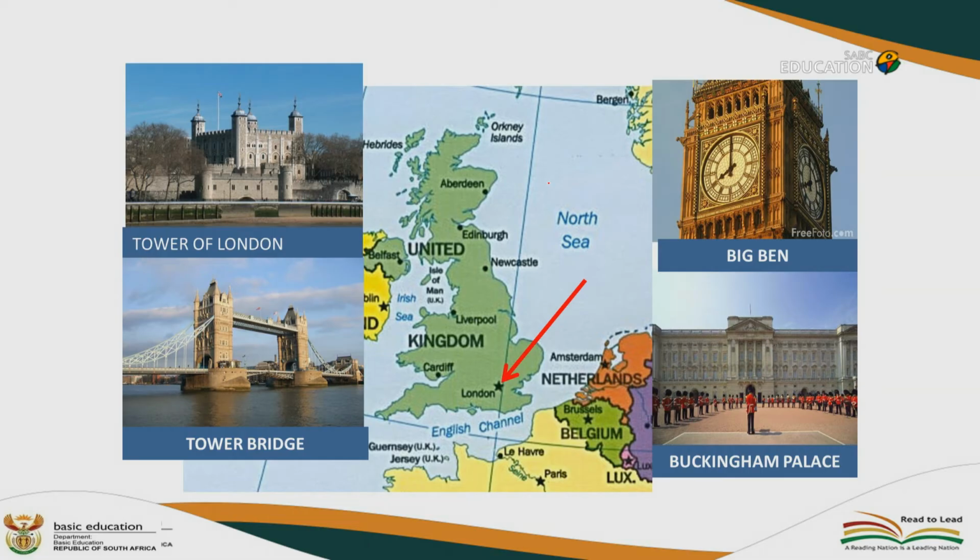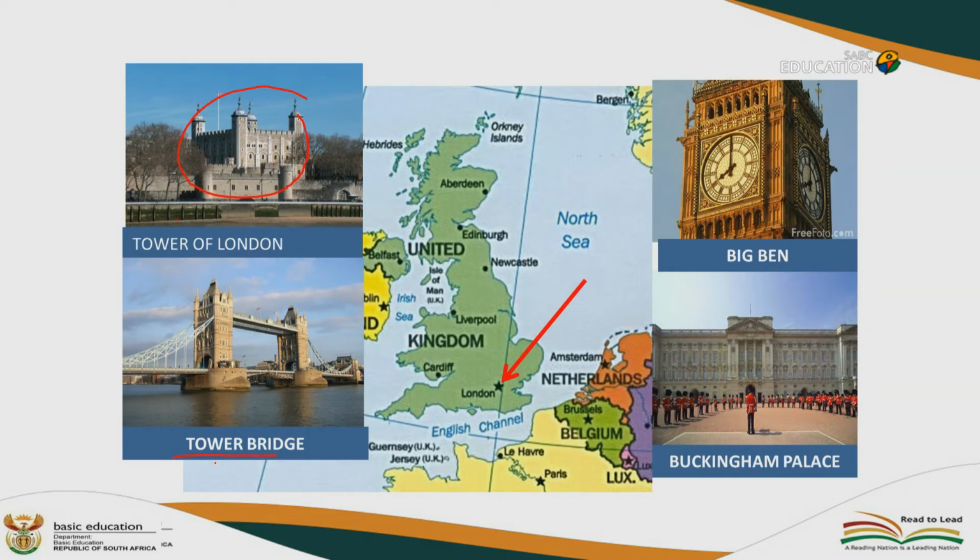We have the United Kingdom. We've got 1, 2, 3, 4. We've got the Tower of London. Check the structure. The Tower of London. We've got the Tower Bridge. Grade 12, do not confuse the Tower of London with the Tower Bridge.